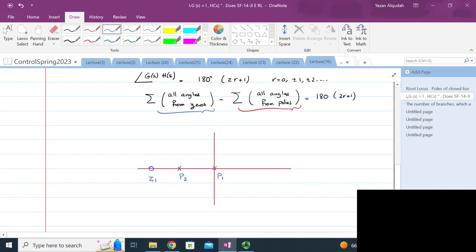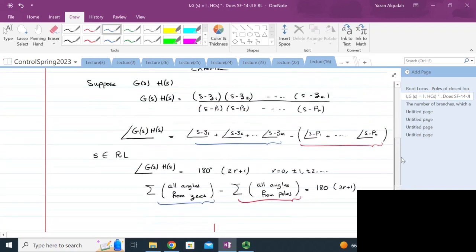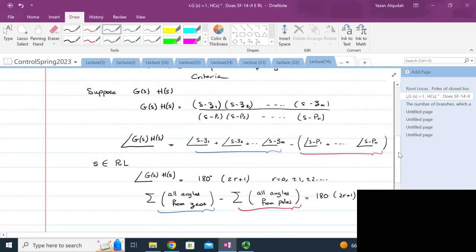What are these poles and zeros? Where are they coming from? From G(s)H(s). We're going with this derivation, G(s)H(s) has one zero that we plotted, and two poles, P1 and P2.